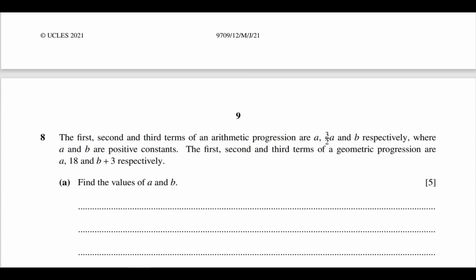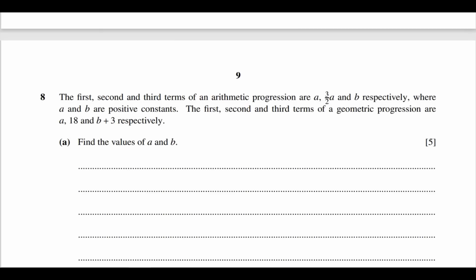Next, question number 8. The first, second and third terms of an arithmetic progression are a, 3 over 2 a, and b respectively, where a and b are positive constants. The first, second and third terms of a geometric progression are a, 18 and b plus 3 respectively. Find the values of a and b.